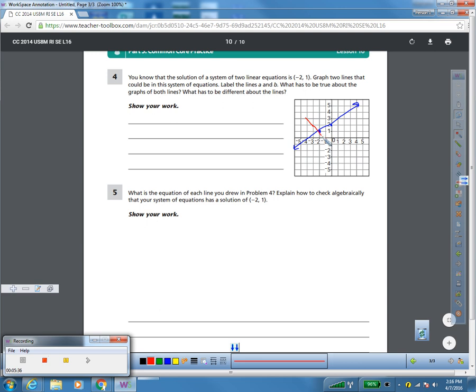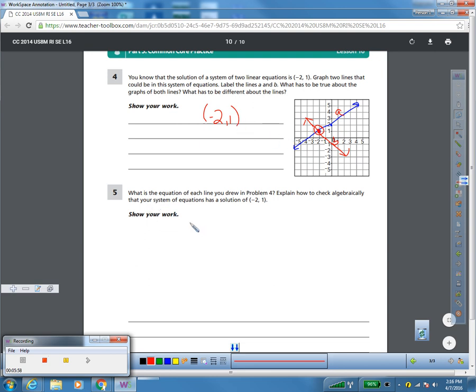So as long as they go through that point, that's their point of intersection, that's their solution. And then what I'd want to do is label them A and B. So let's label this one A and this one B. And what's true about the graph of both the lines, that their solution is -2, 1. It works for both those equations.